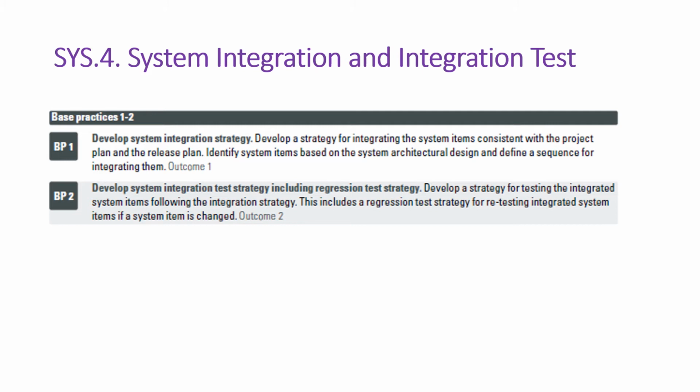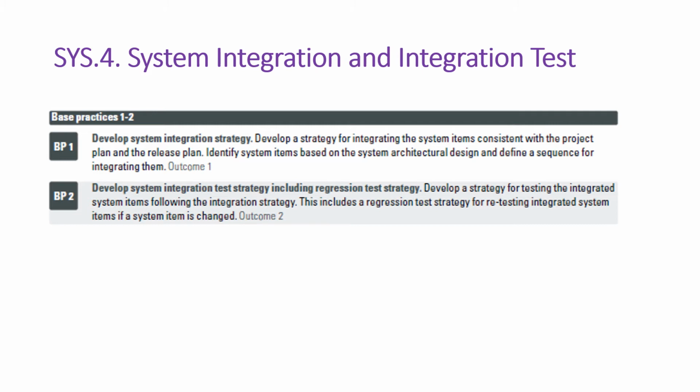How to test this: first we have to define a test specification or test strategy. From the architecture design we have to define the integration test strategy. Even the regression strategy also has to be defined.